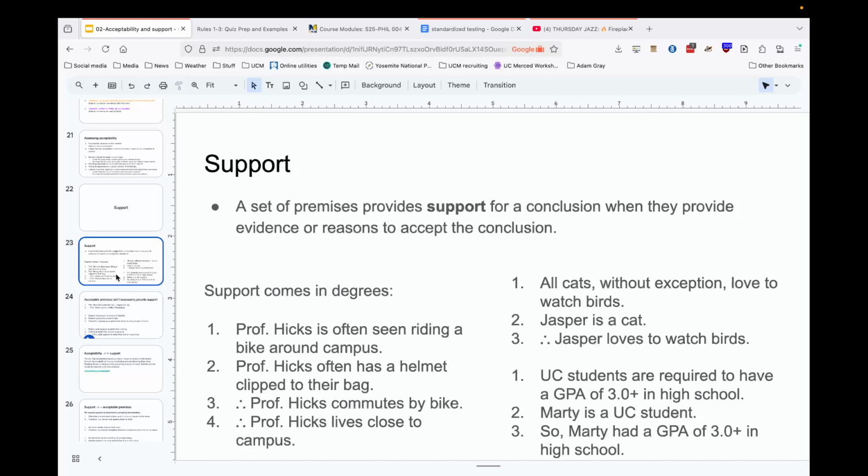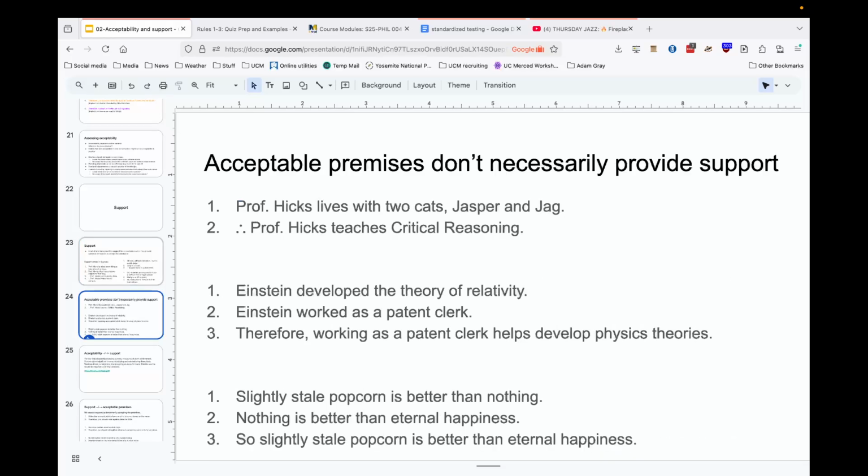So that counterexample means that these premises don't guarantee the conclusion, which is what Phil 5 is interested in, but they still provide pretty decent evidence to support the conclusion here. So the notion of support can be weaker than what happens in Phil 5. So that's why we have to be careful with counterexamples.